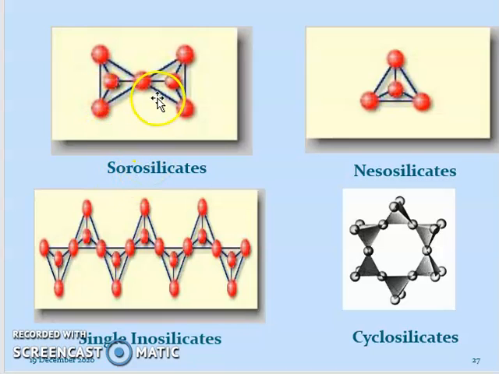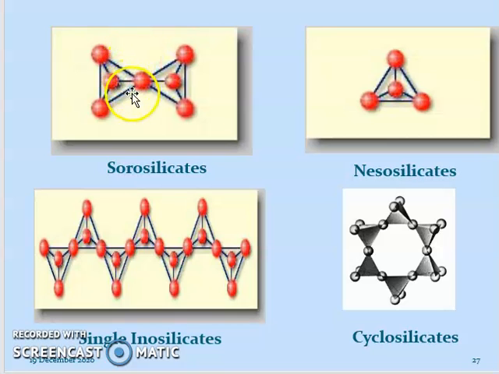A sorosilicate or a double silicate unit, it means that you have 3 on a level and 1, 4, and another, the second tetrahedra, shared an oxygen ion with the first one. So there is a sharing of an oxygen ion between 2 tetrahedra.